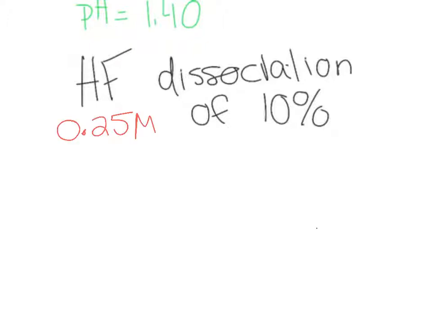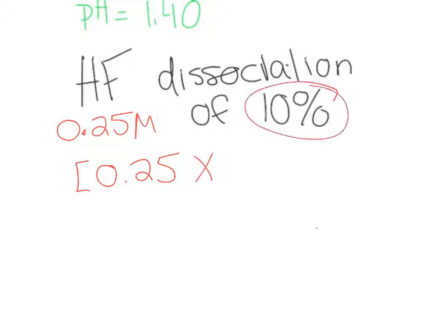Let's say this is a 0.25 molar hydrofluoric acid solution. Before I can figure out the concentration of hydronium, I need to multiply the 0.25 times this as a decimal, which is 0.10, because only 10% of this solution splits up into its ions.